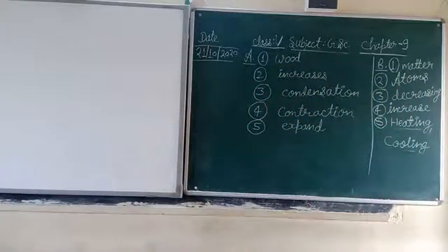I will tell the exercise B answers one more time. And my dear students, what you need to do? You need to match it in your book. First answer is matter, spelling M-A-T-T-E-R. Second answer, atoms, A-T-O-M-S.